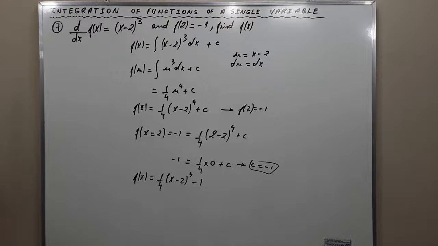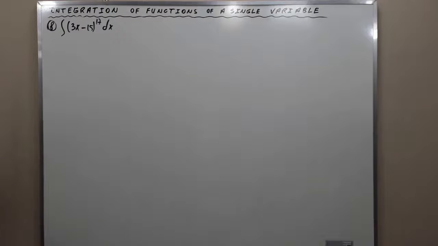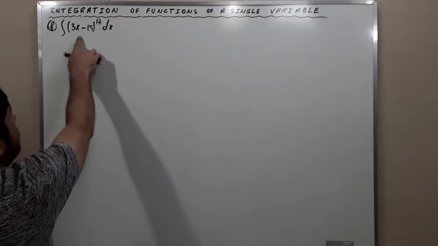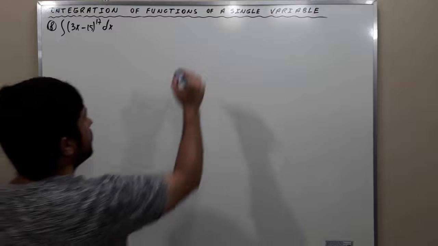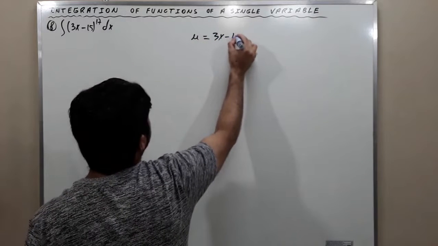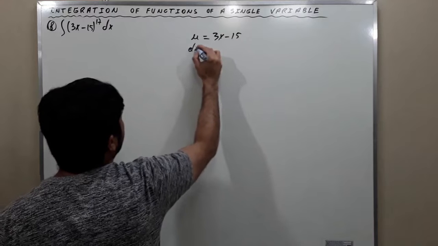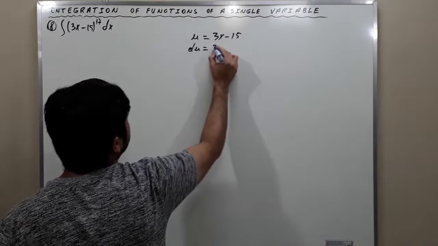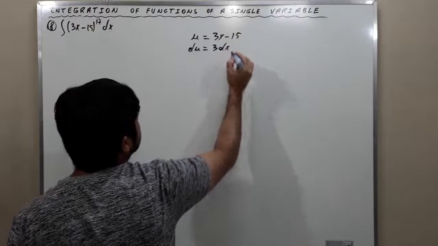Now let's go to exercise number 8. It is going to be about a u substitution as well. And to apply u substitution here, we're going to use this 3x minus 15 is going to be u. 3x minus 15, while du is equal to 3 dx.